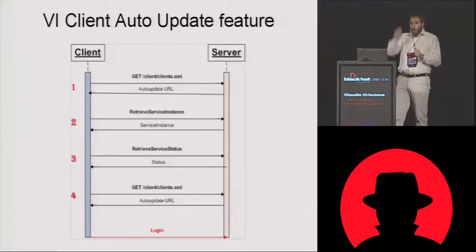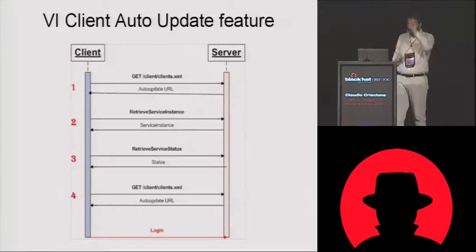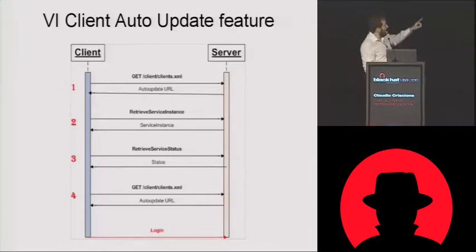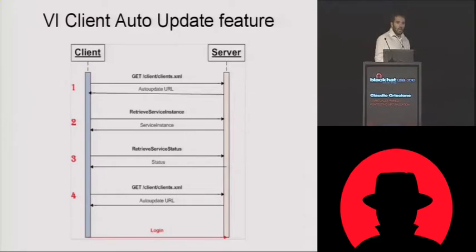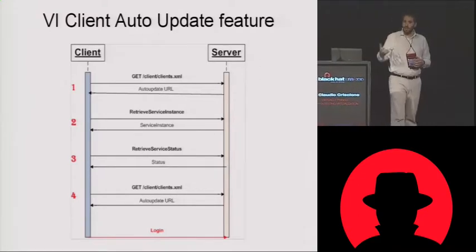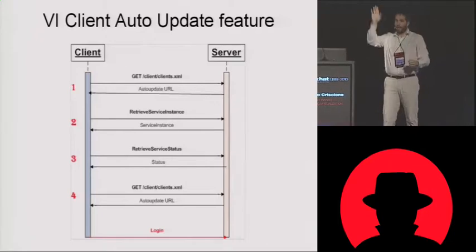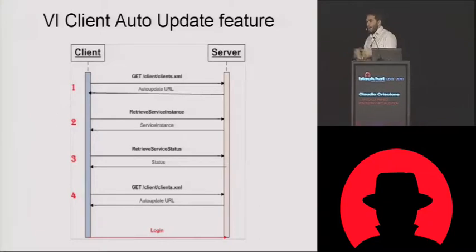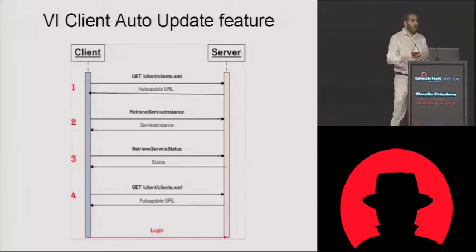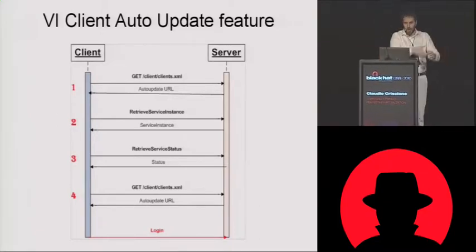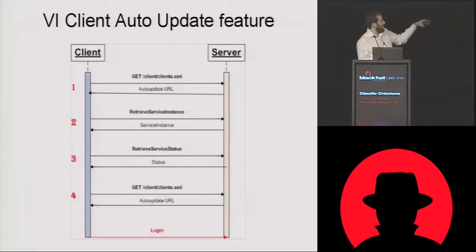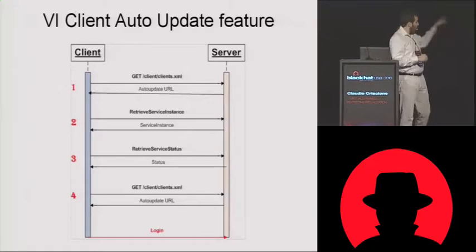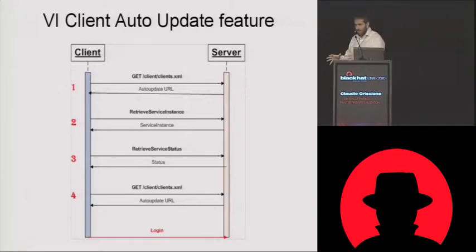Basically, when you press login in your client, the first thing happening is that the client is requesting the server a client/clients.xml file, which is a description file which the server uses to say to the client, hello client, I am version 5, and this is my description. So I am version 5, this is my name, and all this stuff. It's presentation, and shaking. Then there are some API calls going on. Once again, the request for the clients.xml file, no clue why, and then the login. Okay, that's what happens, actually.